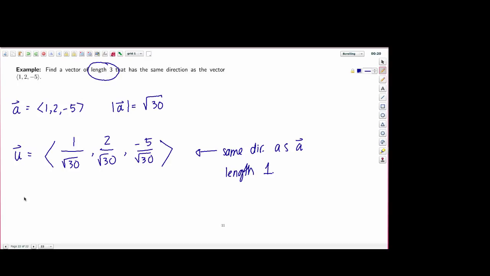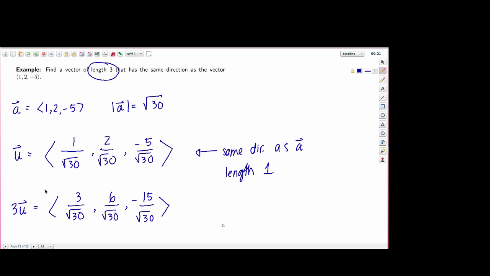Okay, so to get a vector of length 3, we're just going to do 3 times this vector. So we're going to get 3 over root 30, 6 over root 30, and minus 15 over root 30.